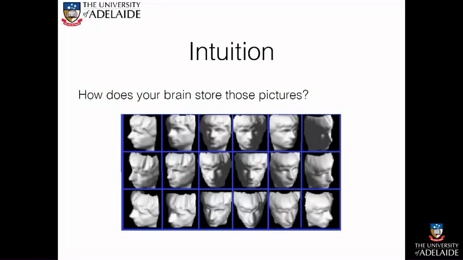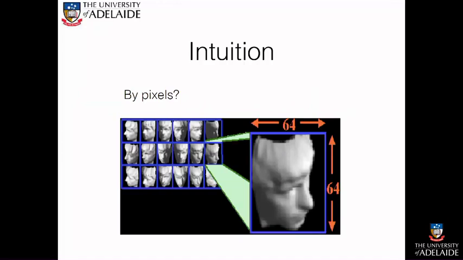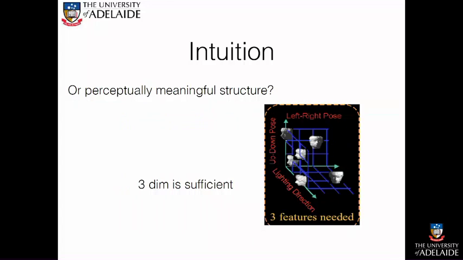It's just the angles, the orientation angles of the faces. So by pixels it will be very high dimension, but the perceptually meaningful structure is just 3D. It's the pose of the facial images. So in this case, pretty much we can project the original data into 3D.